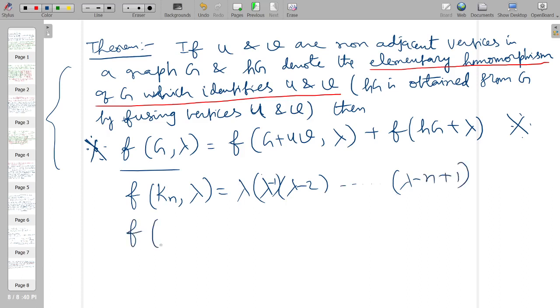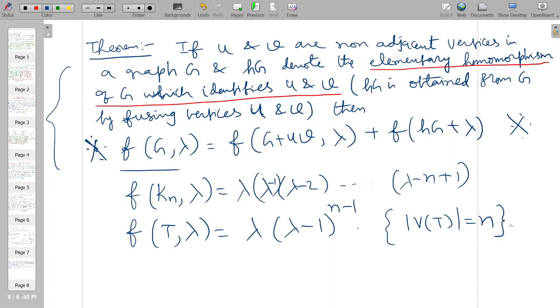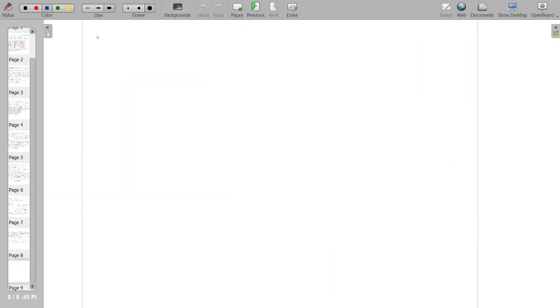Then you should know the chromatic polynomial of a tree, which will be lambda into lambda minus 1 whole power n minus 1, where n is the cardinality of vertices in T. You have to remember at least these three to find the chromatic polynomial of any general graph.